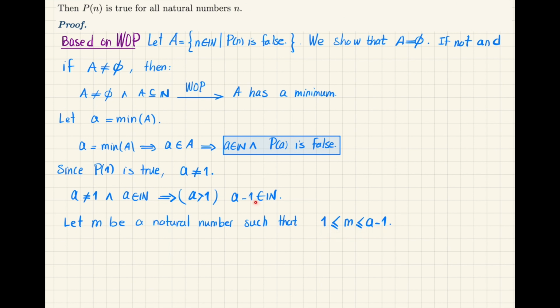Because you see that a minus 1 is a natural number, so the minimum value that a minus 1 can attain is 1. So even in this case, M between 1 and 1, I have M equal to 1. And if a minus 1 is greater than 1, I will have more options available for M. But what is important, this is crucial to make sure that this interval containing natural numbers is not empty.